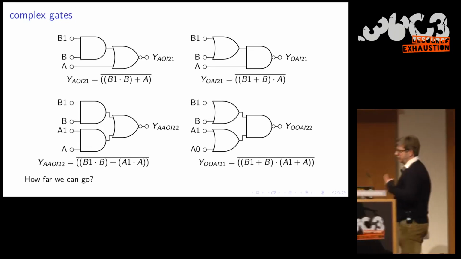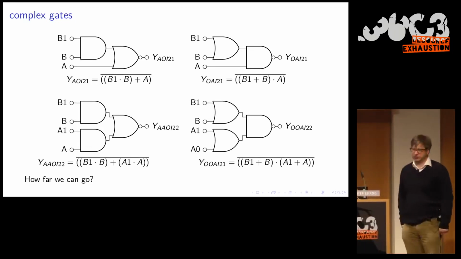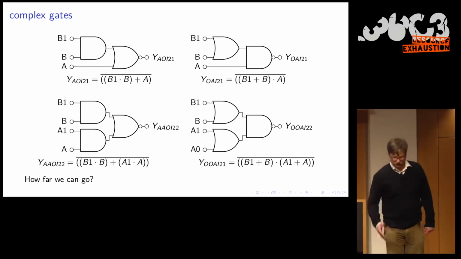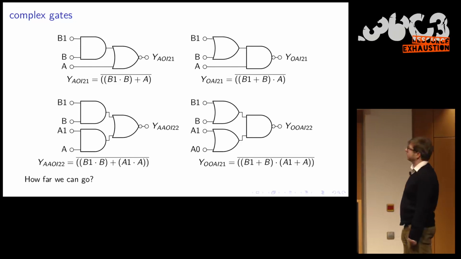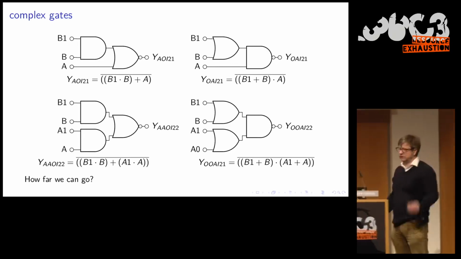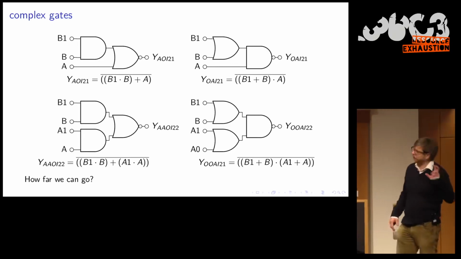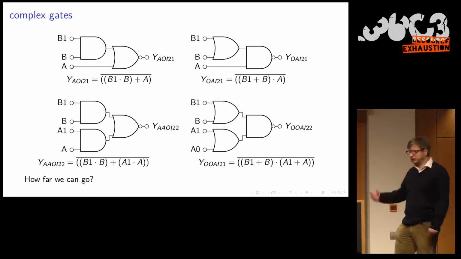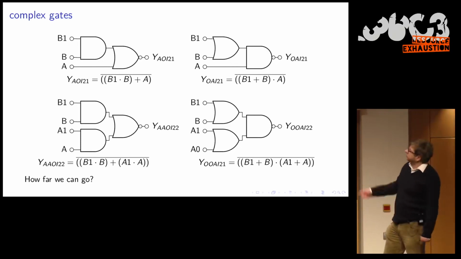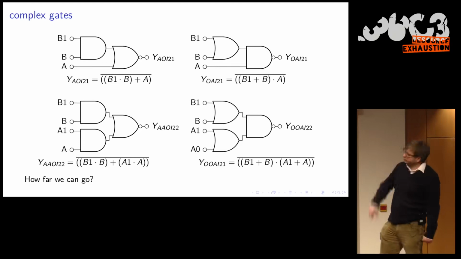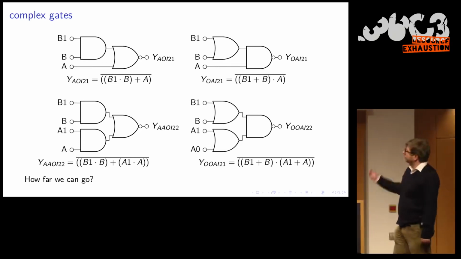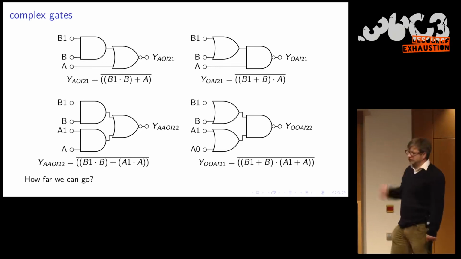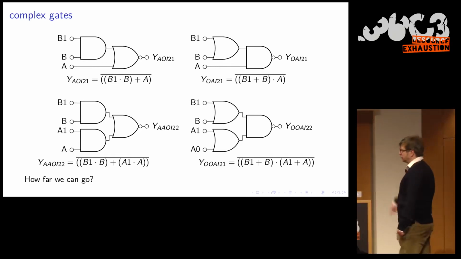Now it's getting a little bit more complicated. These are some examples of cells which you can also think about. These are called complex gates. When you look at the top, you see a small function, an AND or an OR, and then you can change them, and then down below you have the variant where you have 2 gates at the beginning and then 1 gate at the end.